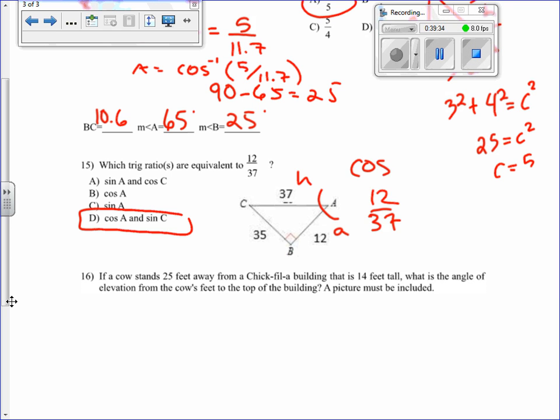And then the other one is the sine of C. The sine of C is going to be opposite over hypotenuse, it's going to also be 12 over 37. Alright, so all you had to do was take each case and try it out and see if it gave you the same thing. Alright?